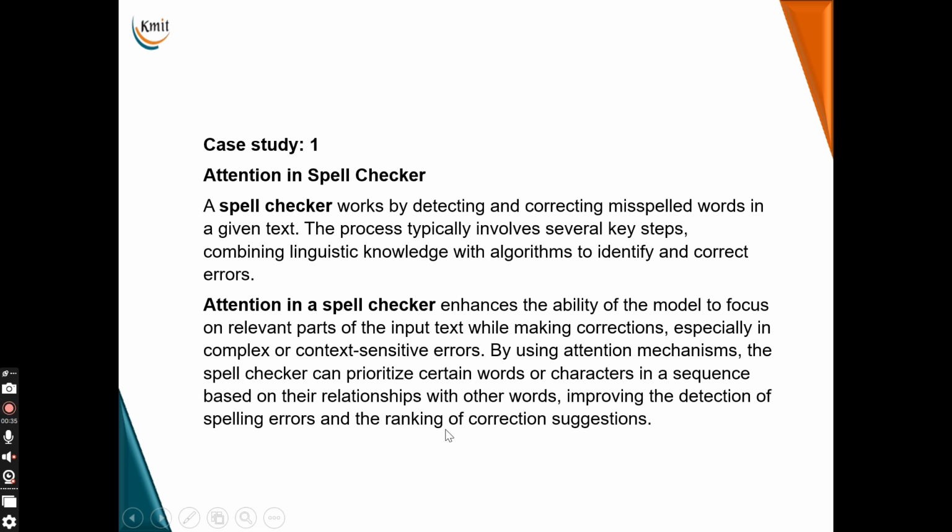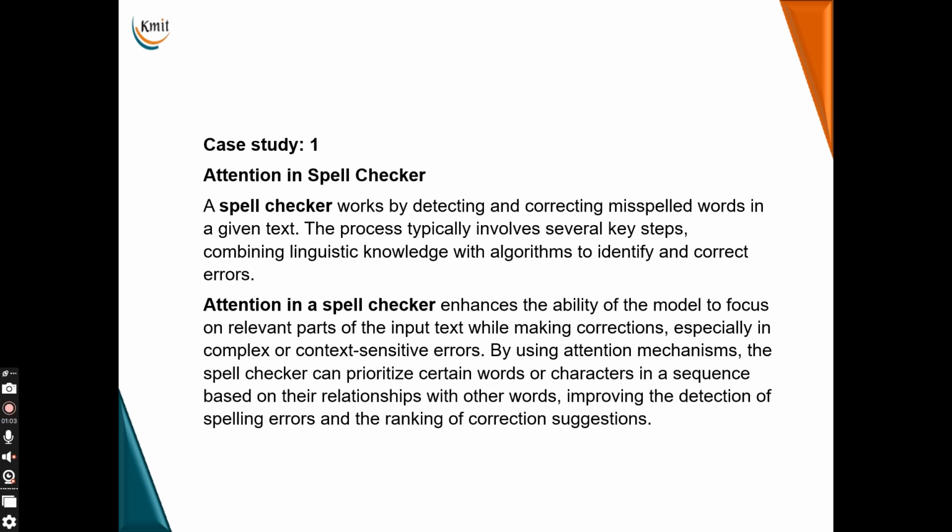Let us see how we improve the spell checker and how we are introducing the concept of attention in a spell checker. A spell checker works by detecting and correcting misspelled words in the given text. When I type a text, it will try to highlight the words which are misspelled by the person typing.